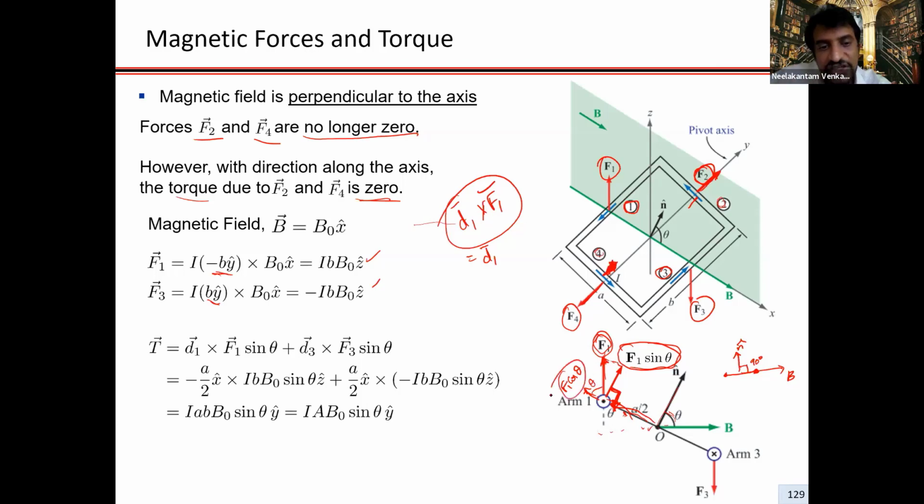This F1 cosine theta is not going to cause rotation. It is the F1 sine theta that is going to cause rotation. Is F2 and F4 important? Not really. Those are the two forces acting on it, but they won't be able to do any work. You can ignore F2 and F4 altogether.